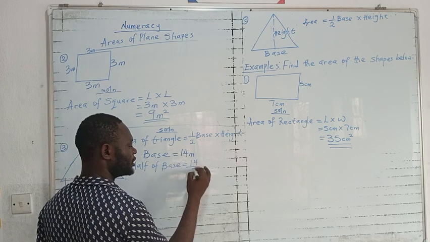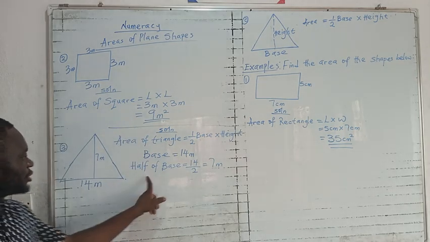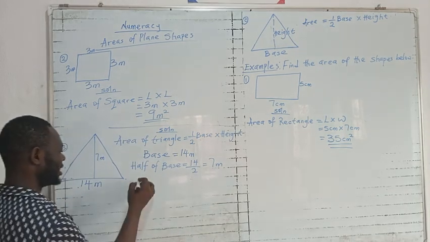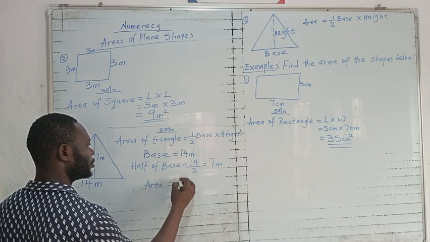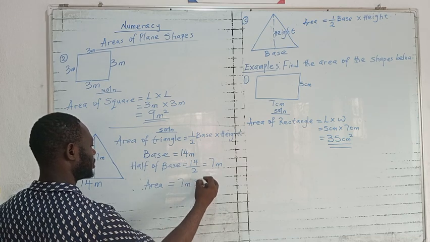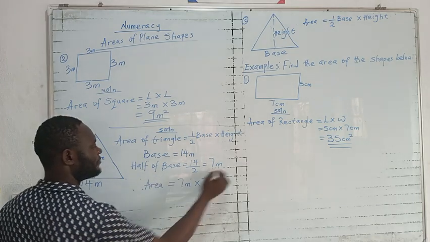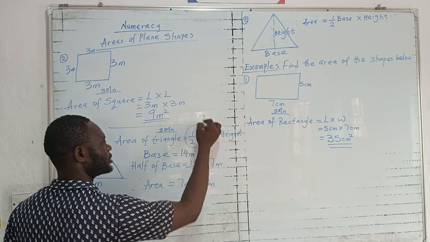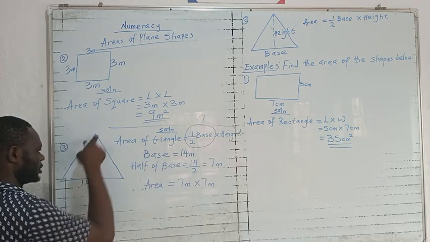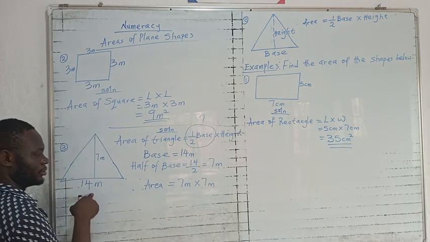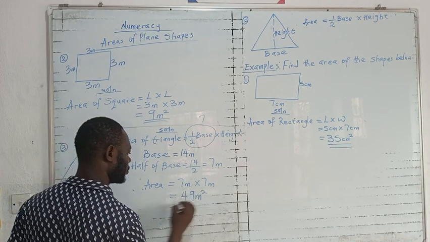It's the same as saying 14 divided by 2, which is 7. Right? So we've gotten half of the base. We can now say that therefore, area is now equal to 7 meters times 7 meters. Where is this 7 coming from? Height. Because this is half base, or this is 7, which we've solved here. What is height? 7. This is the height of the triangle. And 7 times 7 is what? 49 meters square.